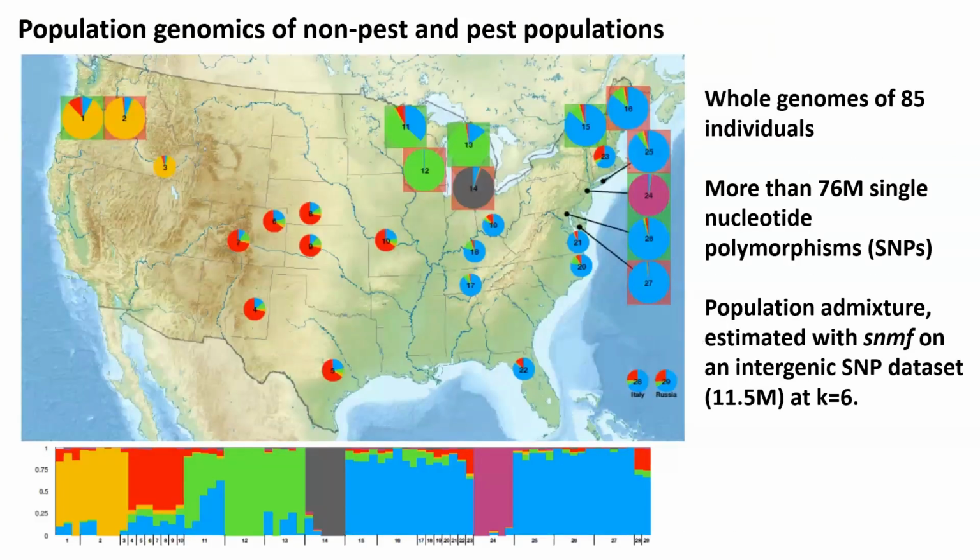So one of the first projects we did as I got here was to screen 85 individuals with whole genome data. At this time this was quite expensive, and so we were pretty limited in sample size. We sampled them from across the United States in a couple of key regions where they're pests and other places where they're present on potato, but they're not particularly pesty.